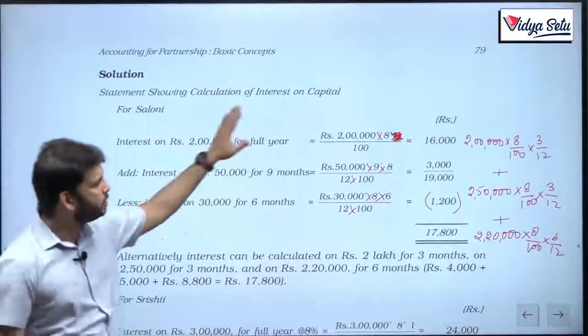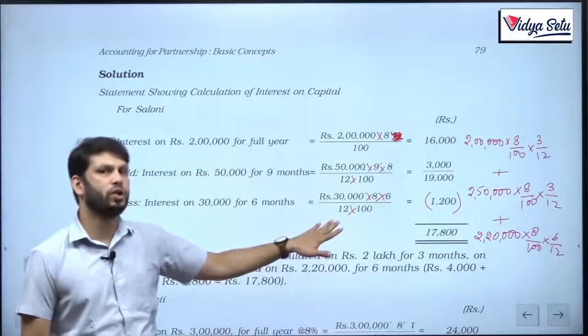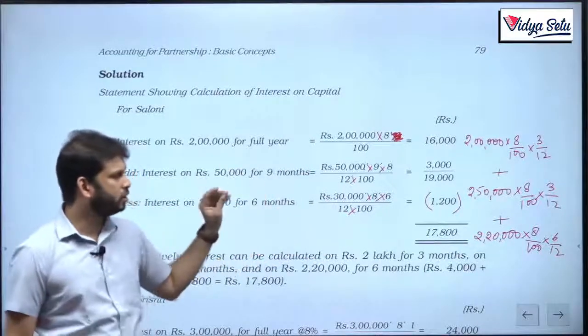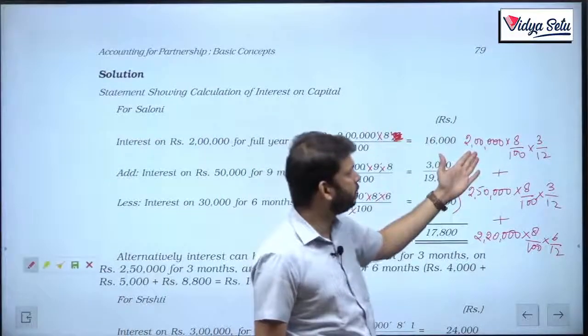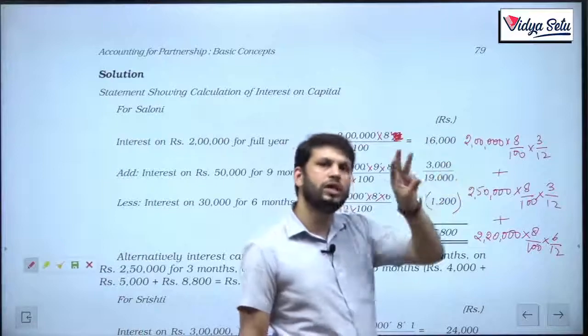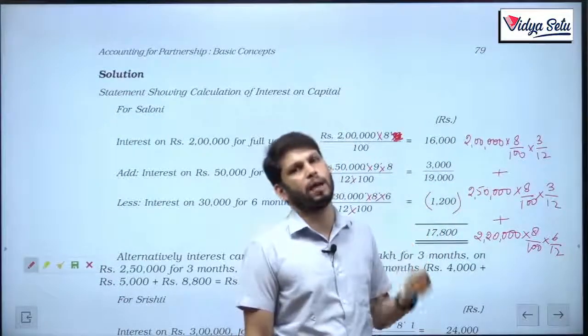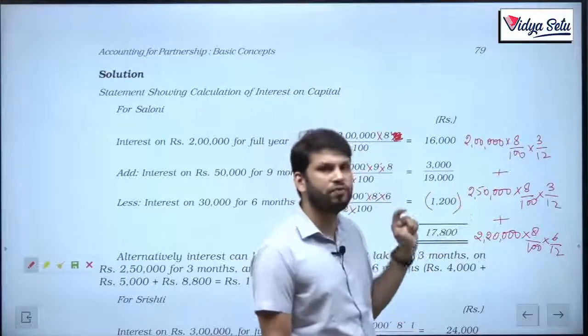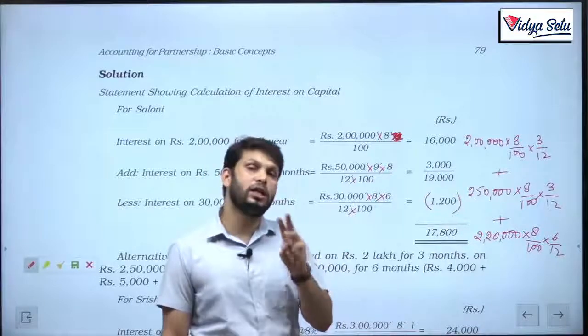Both methods work: the beginning capital plus whatever is additional minus whatever you have withdrawn. If you don't want to do that, you have another method: the initial 2 lakh was in the firm only for the first 3 months. After 3 months, the capital became 2,50,000, which was in the firm unchanged for 3 months only.